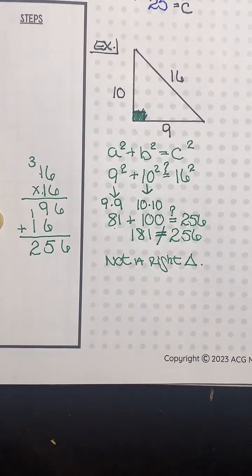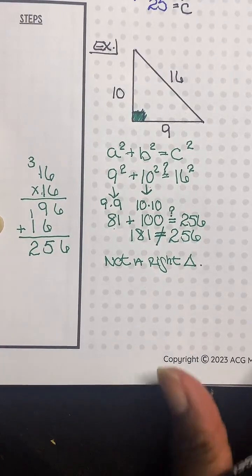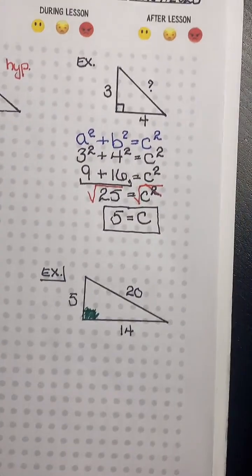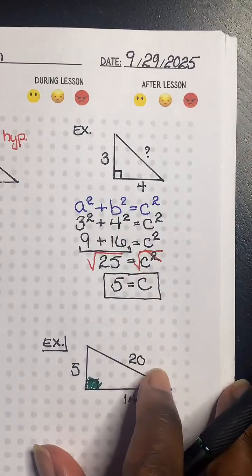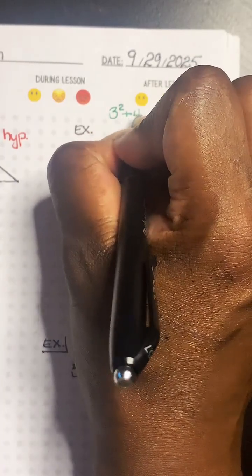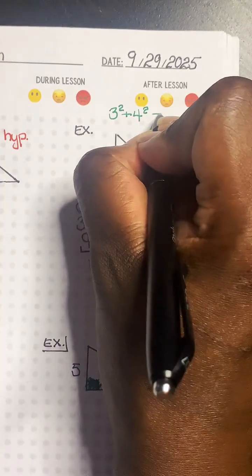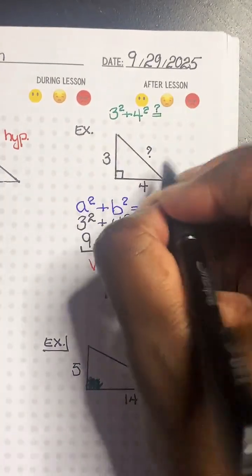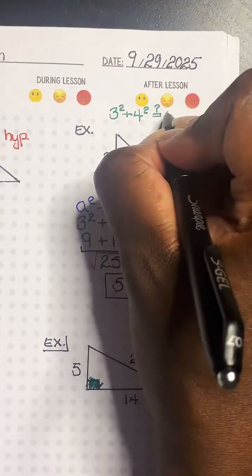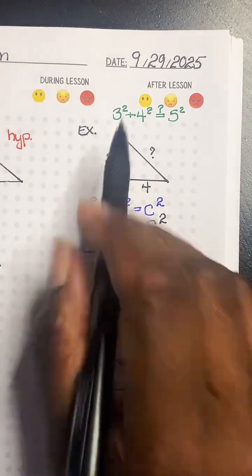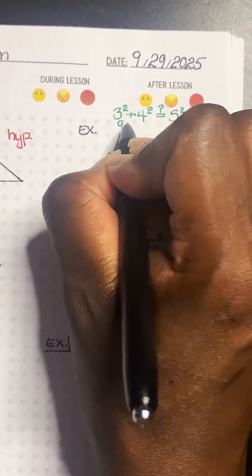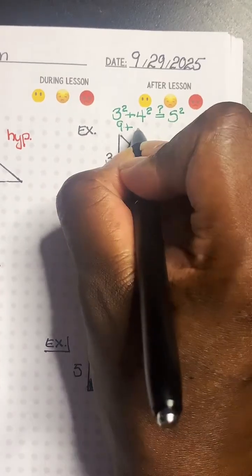So like if I use this one that we did, if I take the sum of the squares, we got our 3 squared plus 4 squared, and I want to know if it equals my other side, which we found was 5 squared. So 3 squared, that's 9, plus my 4 squared, which is 16.